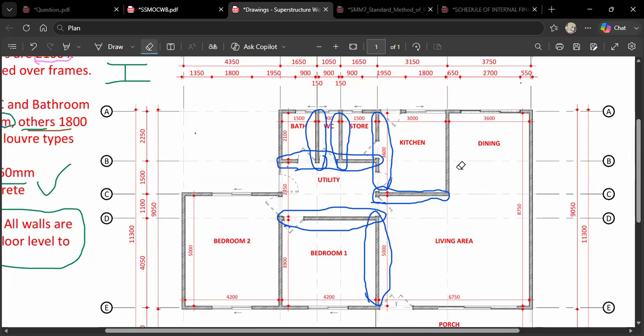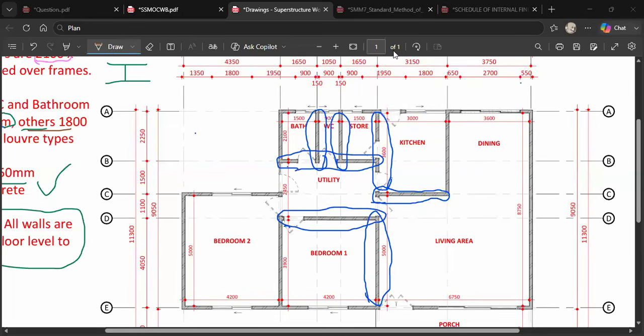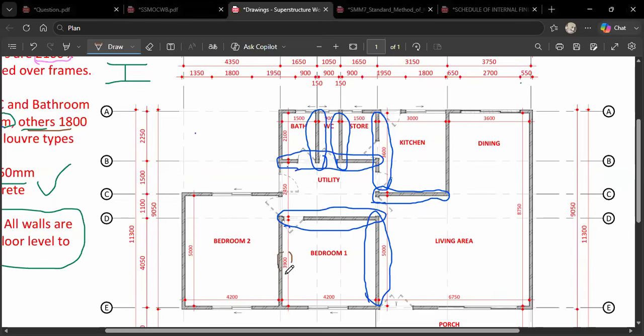Good. So exactly, I was saying that you should take note that here, you see that here is 3900.